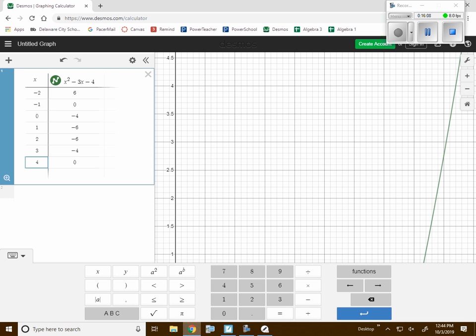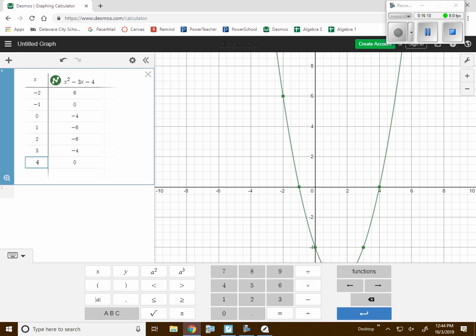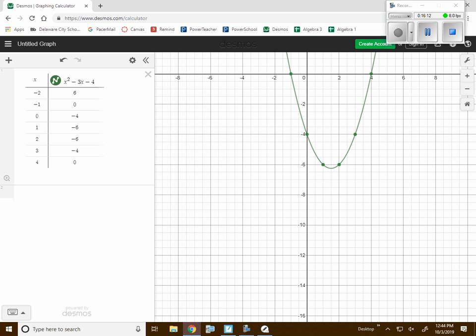So we need to go back to Desmos and tap on that vertex or turning point. That will tell us what the vertex is. Sometimes it'll be in your table. Other times it will not be. So you can't assume a point unless it's actually in your table. Go ahead and fill in the ordered pair there in part B.